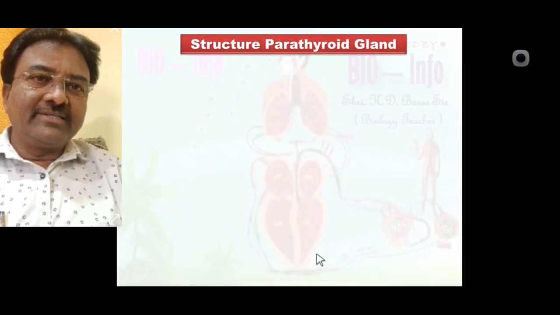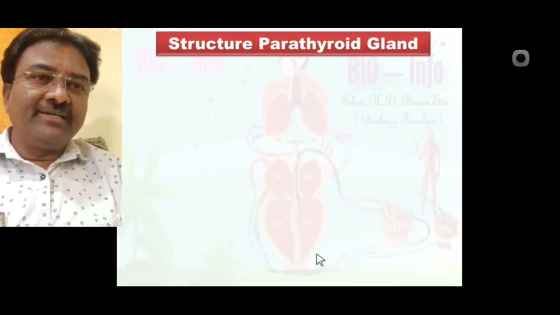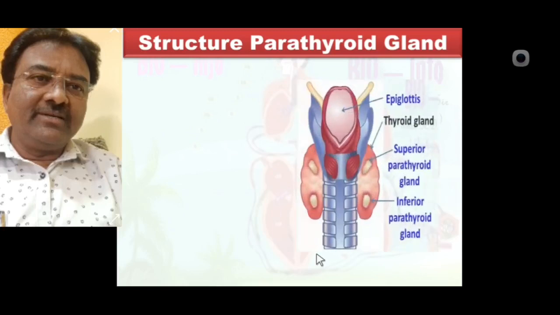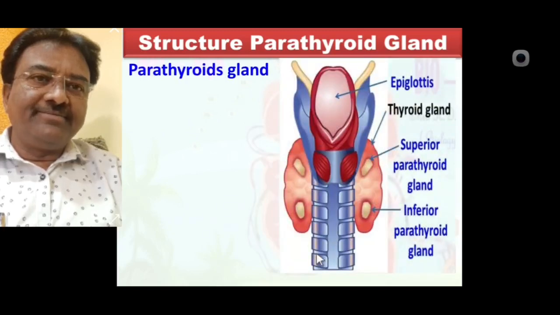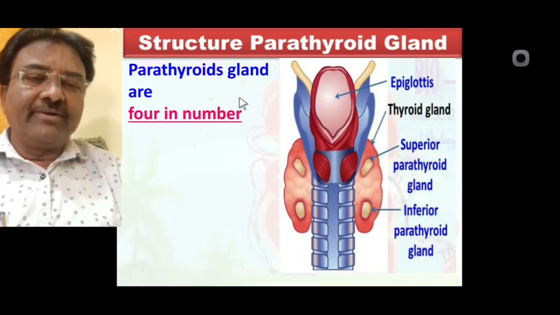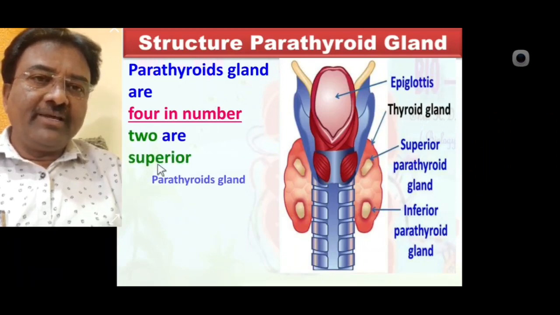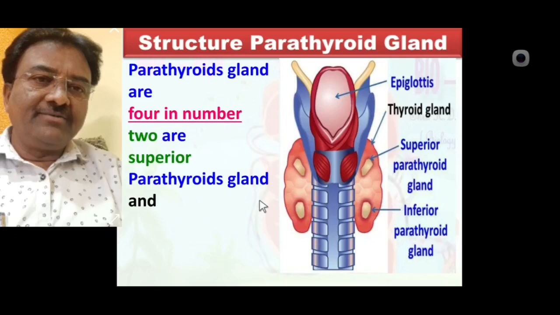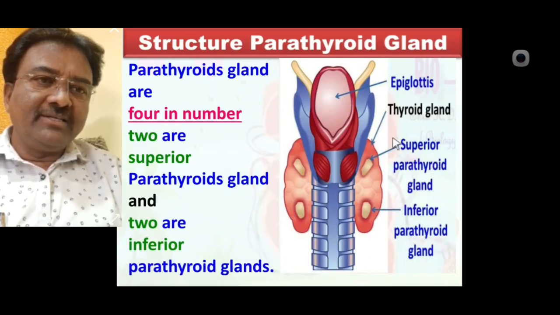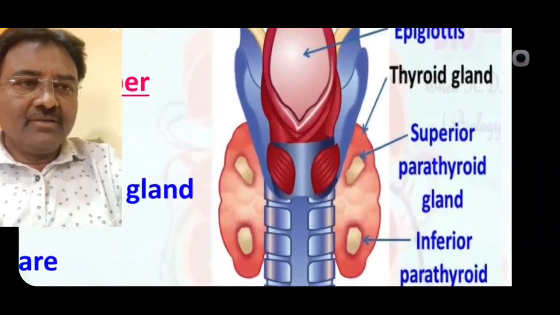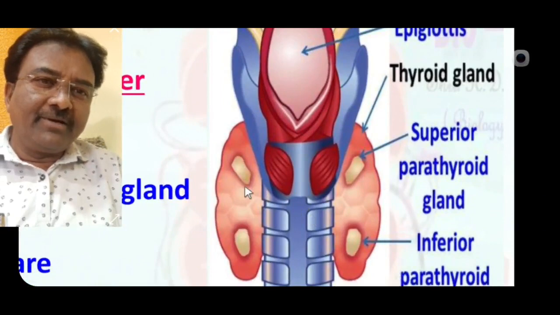We discuss the structure of the parathyroid gland. Structurally, the parathyroid gland consists of 4 in number. 2 are superior parathyroid glands and 2 are inferior parathyroid glands. See here, the upper 2 are superior parathyroid glands, and these 2 are inferior parathyroid glands.